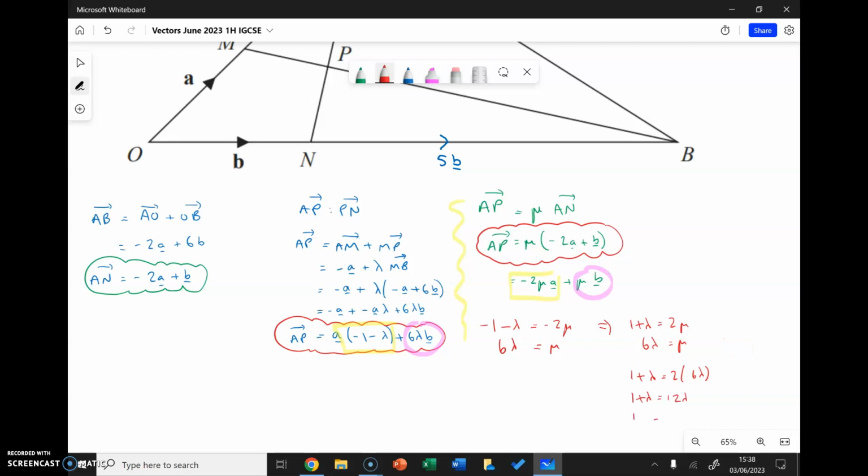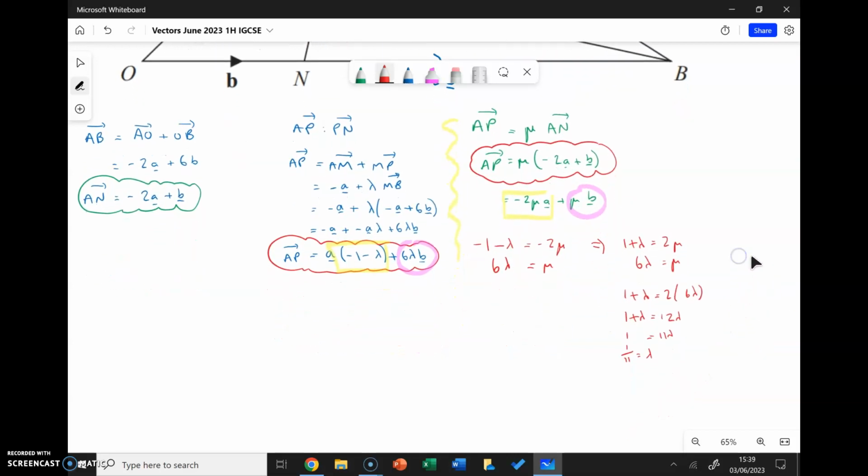Which means 1 is 11 lambda. So an 11th equals lambda. And we're going to play around with that and find mu now. So we know that mu is 6 lambda from the above equation, which means mu must be 6 11ths.